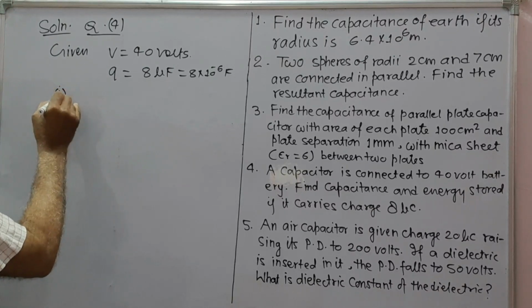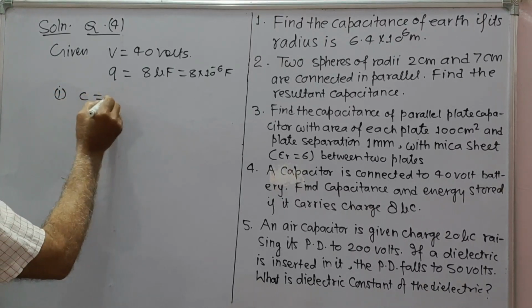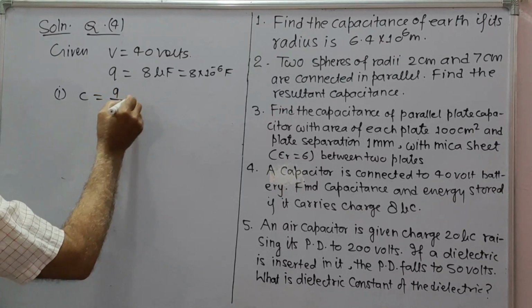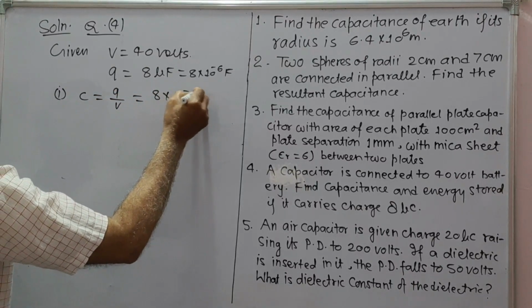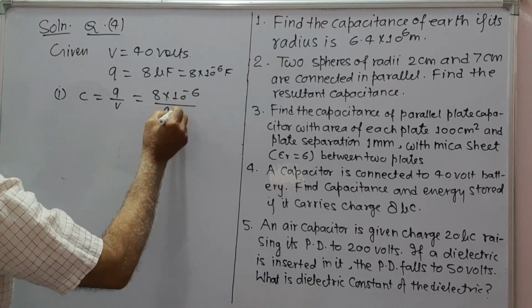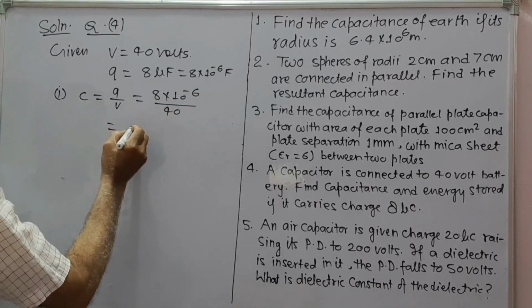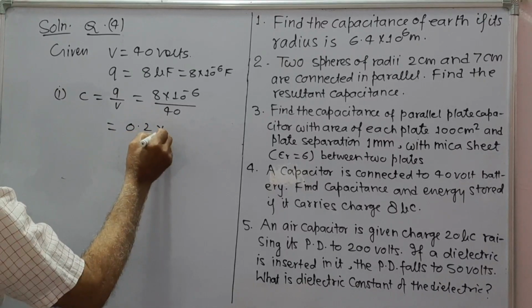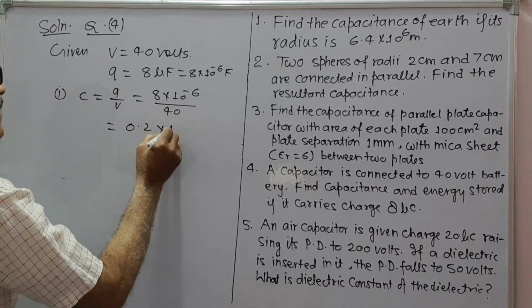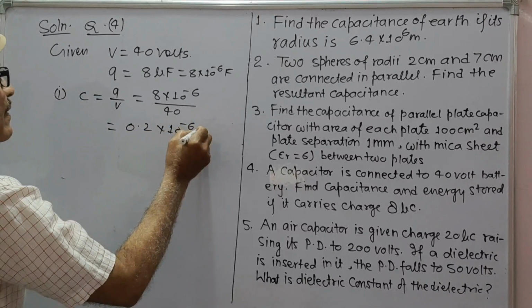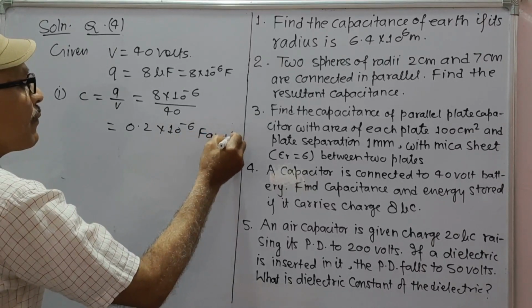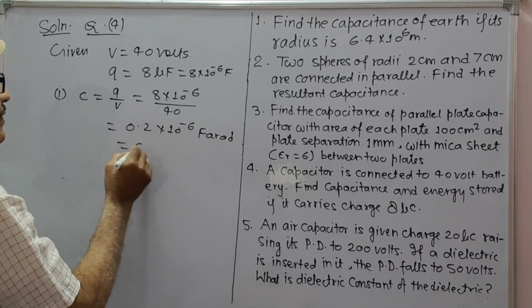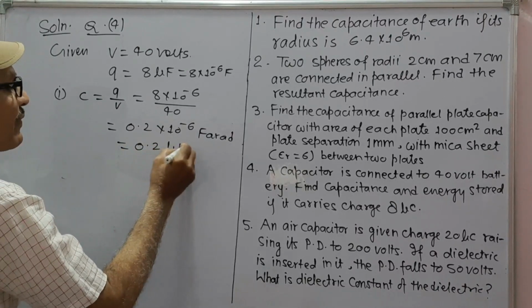First we have to find C. C will be Q by V. Q is 8 into 10 to the minus 6 and V is 40. So we get 0.2 into 10 to the minus 6 farad, which is 0.2 microfarad.